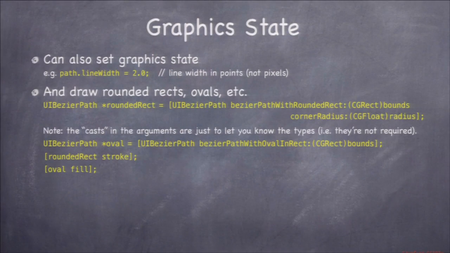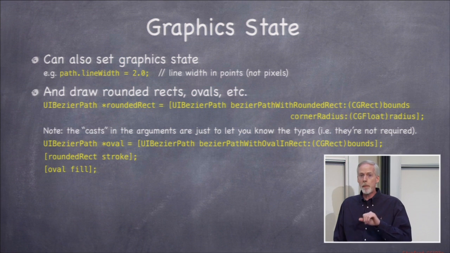Make sense? Okay, now this might all seem like, whoa, triangle, great, I can draw a triangle, sounds easy, but there's actually a lot that UIBezierPath can do that's much more sophisticated than that. You can set your line widths, and you can set patterns and all kinds of stuff like that to make it more interesting.